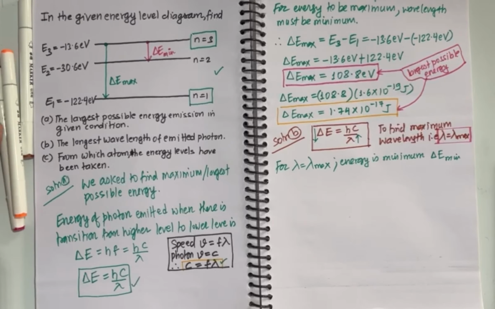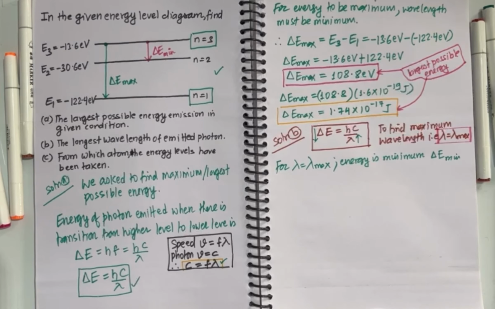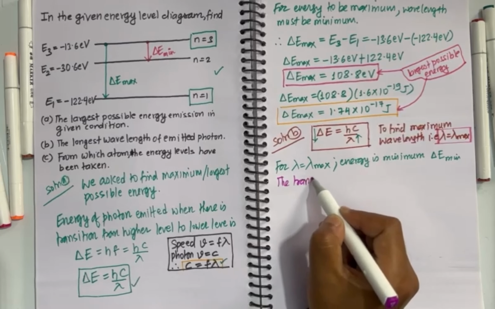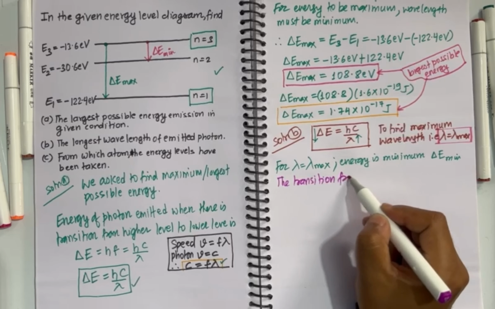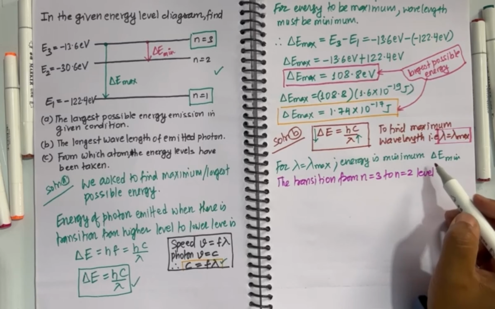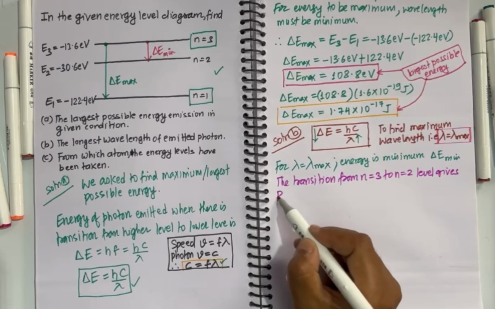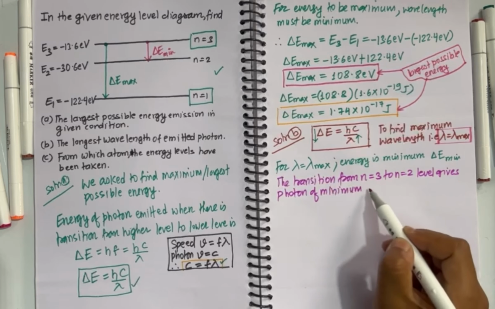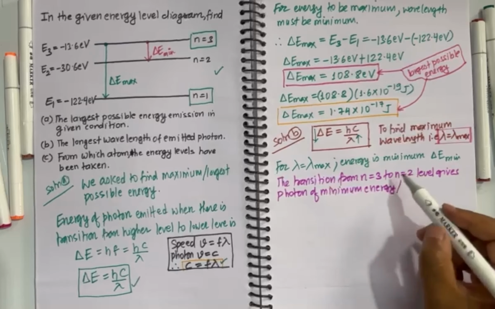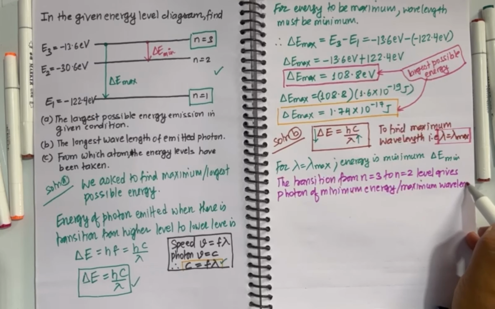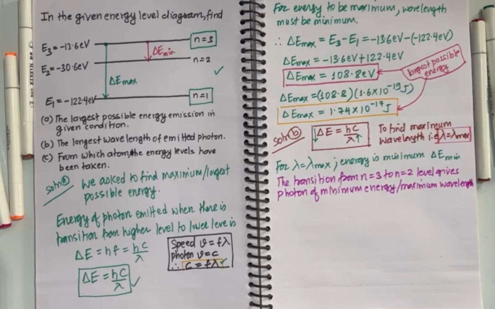To find minimum energy, we consider the transition from n equals 3 to n equals 2 level, which gives a photon of minimum energy, or maximum wavelength.